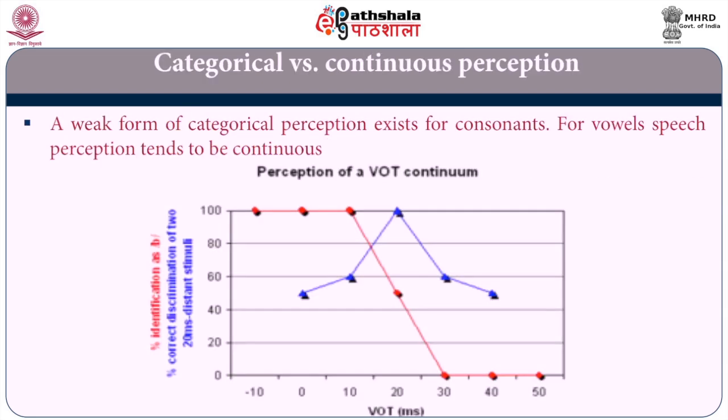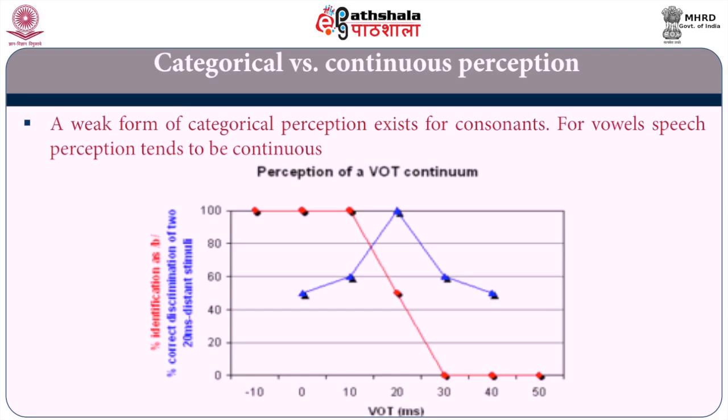In the diagram that we are showing you on the screen, there is a red line and a blue line. They represent the voice onset time experiments where, up to a point, you hear one sound, and after that your discrimination ability falls down.